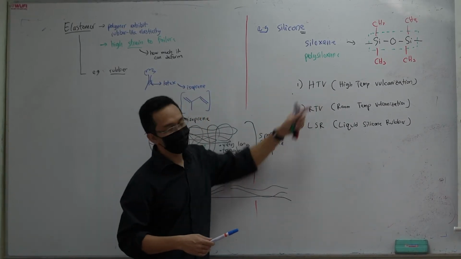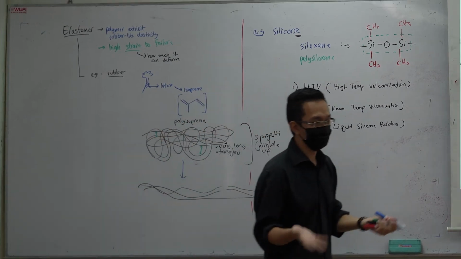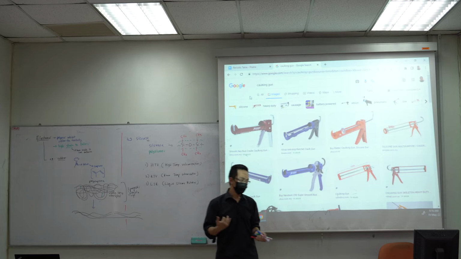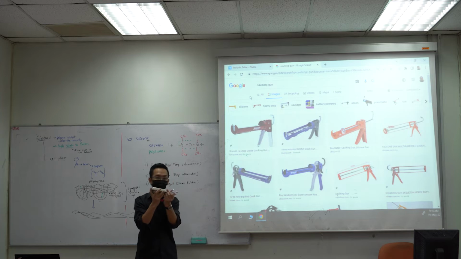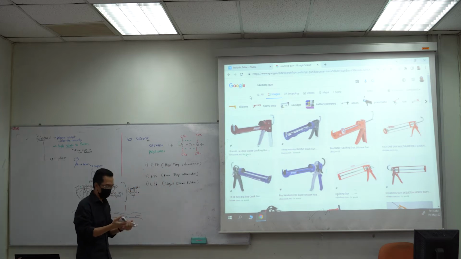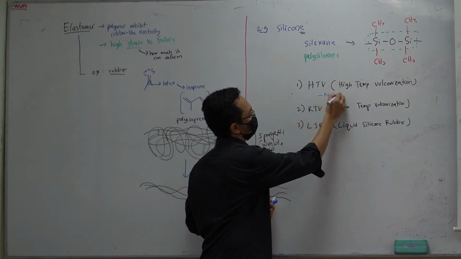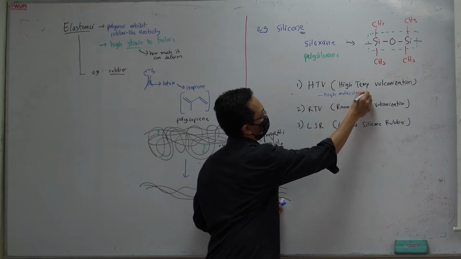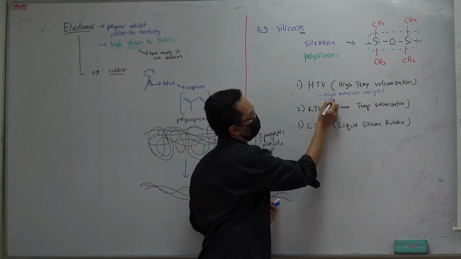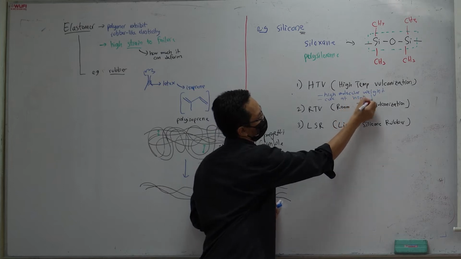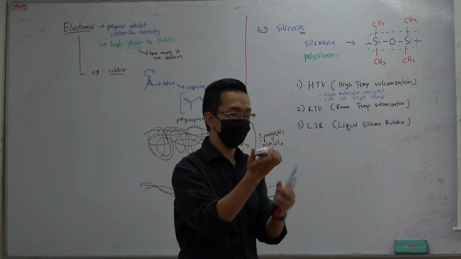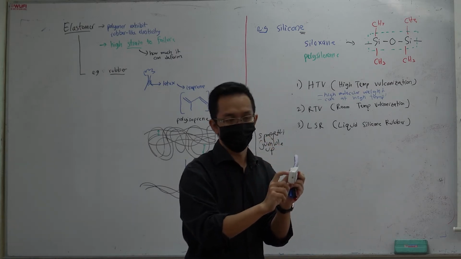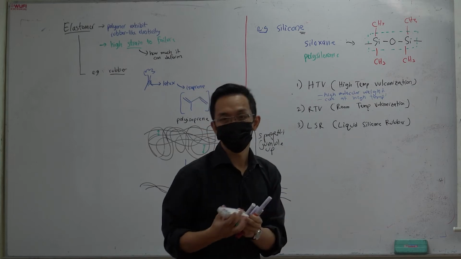Normally HTV silicone is sold in a solid form. I don't have the HTV here, but imagine this is the solid of the HTV silicone. It is solid because HTV silicone has a very high molecular weight, and it also cures at high temperature. But the solid is not totally hard. It's more or less like plasticine.